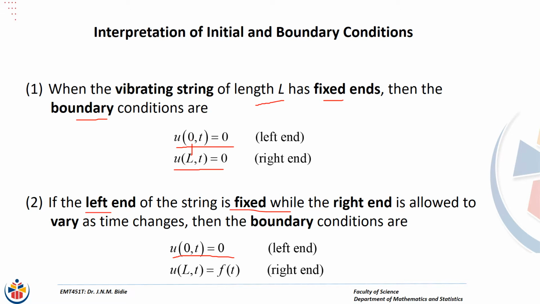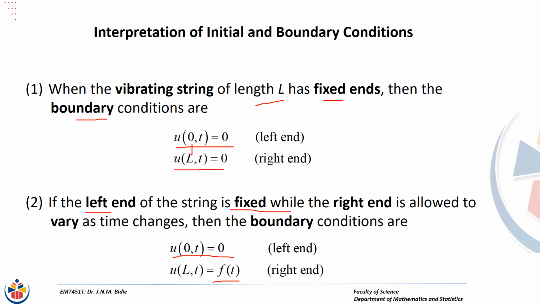It means that we then have a function of time, not 0, on the right-hand side of the second boundary condition, because there is a displacement that is happening on the right-hand side. So that means the final displacement of the string changes with time.